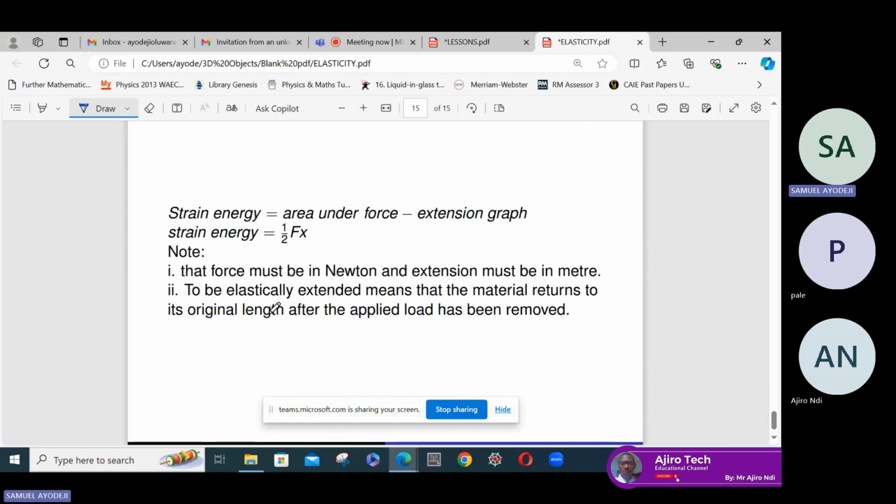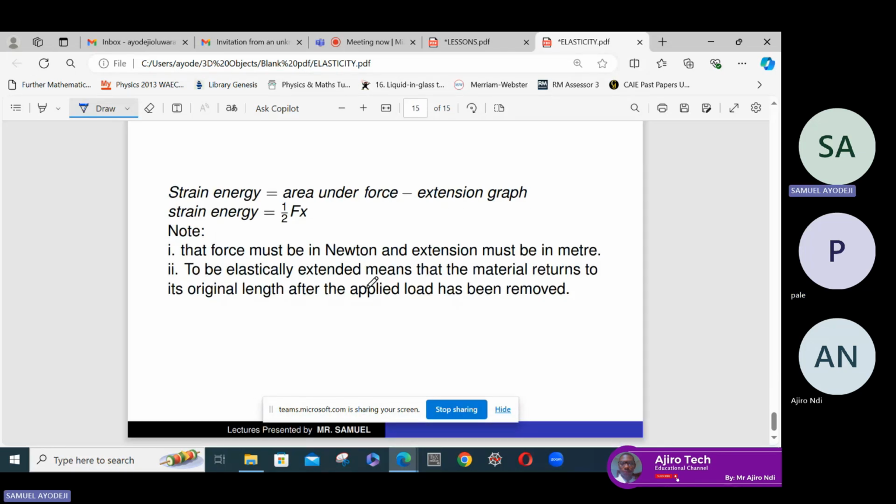Note that the force must be in newtons and the extension must be in meters. Always check that.